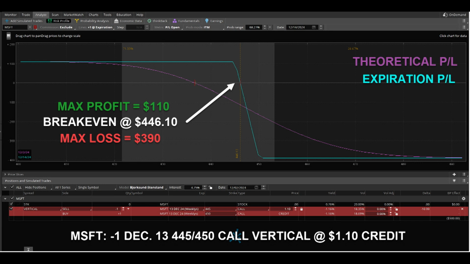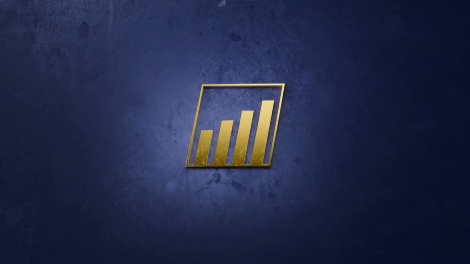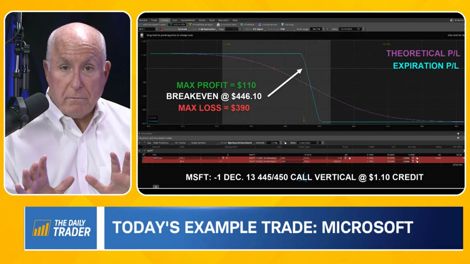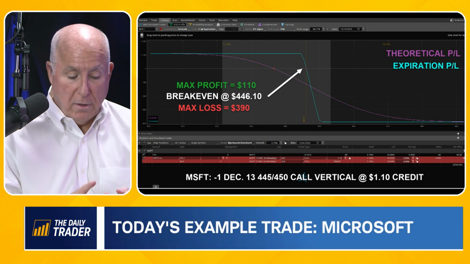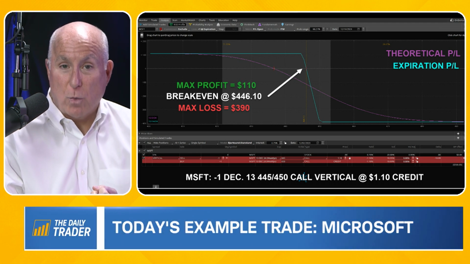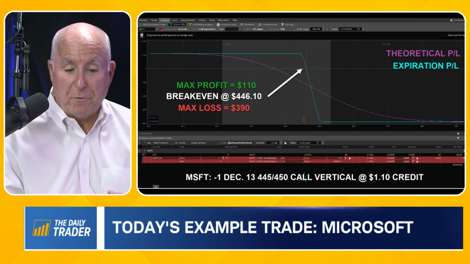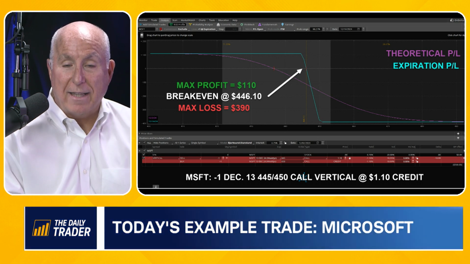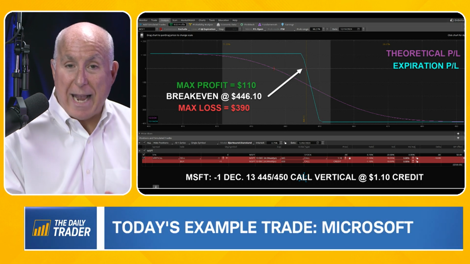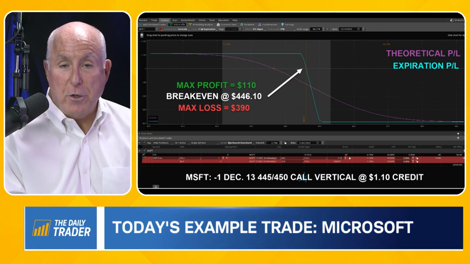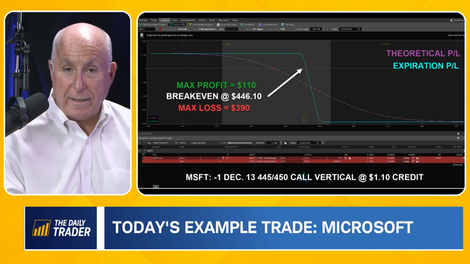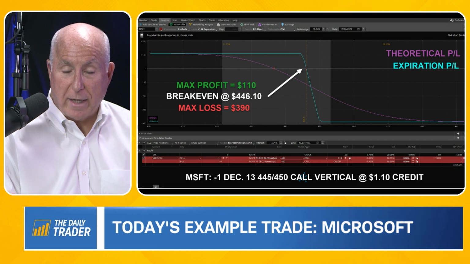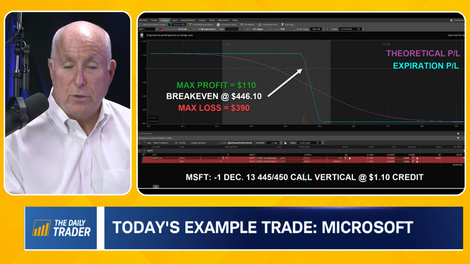It's got between 11 and 12 deltas on this trade. And three things can happen where you're profitable. Microsoft can go down, Microsoft can stay right here where it is and you're profitable, and Microsoft can rally up but not violate the 445 strike. Any of those three things happen and you're profitable in this Microsoft trade up till next week. Again, the risk is the difference between the $5 strikes and whatever credit you take in.